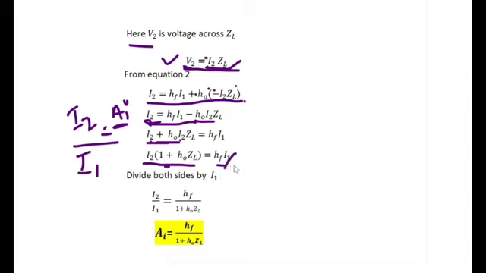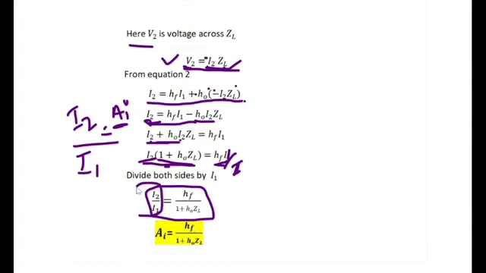With I1 on this side, I1 and I1 get cancelled, and we have I2 by I1, and the term is transferred to the right-hand side. Then the total equation will be I2 by I1 is equal to HF by 1 plus HO into ZL.